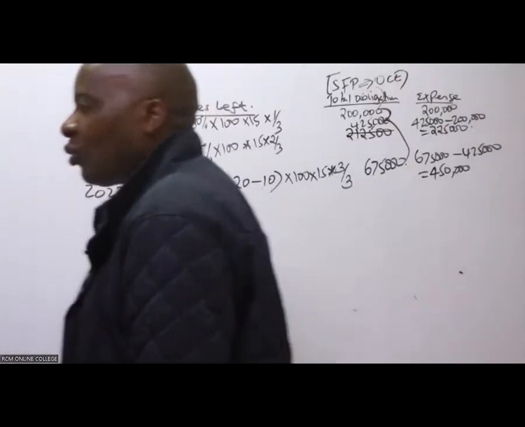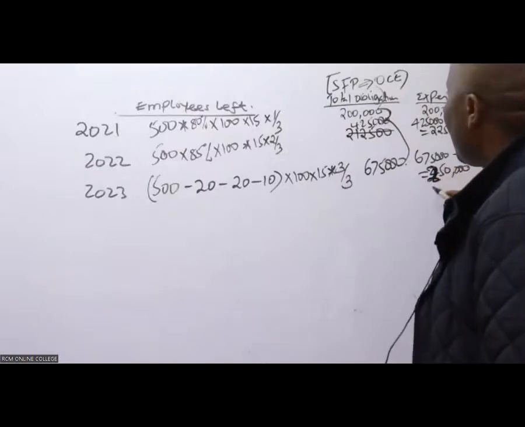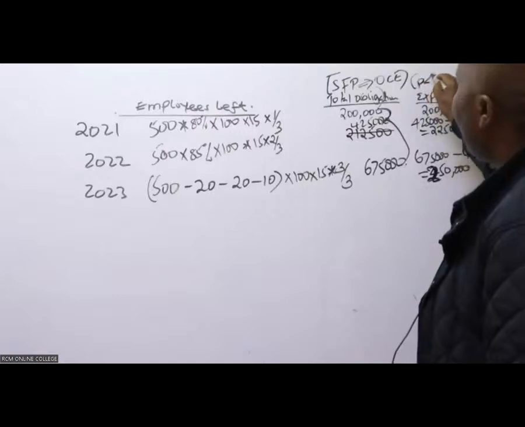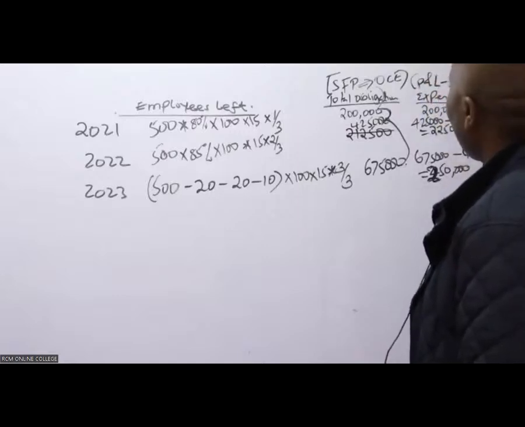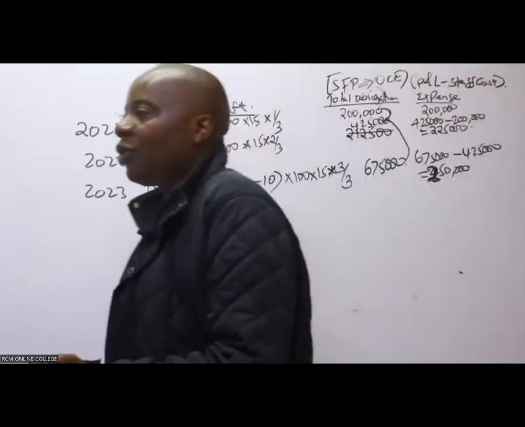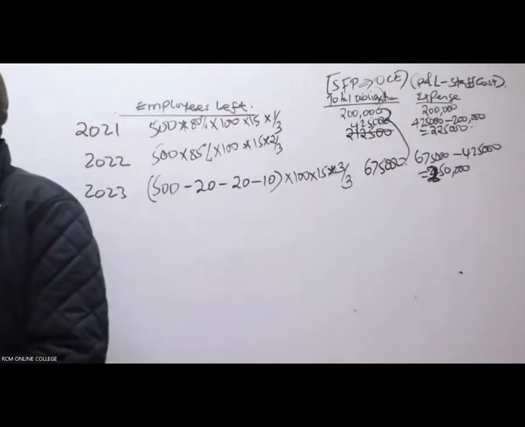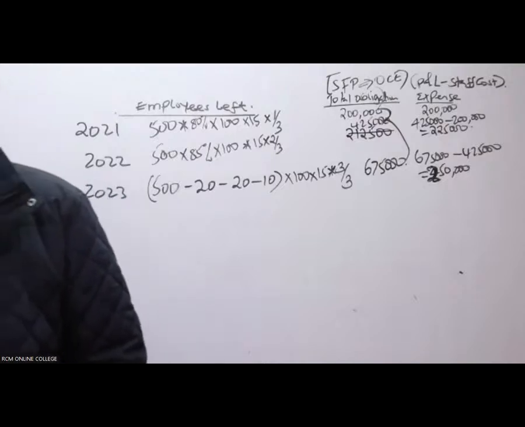I'm being told it's 250,000. Thank you very much. And then, of course, this is what I expect to see in the P and L under staff costs.